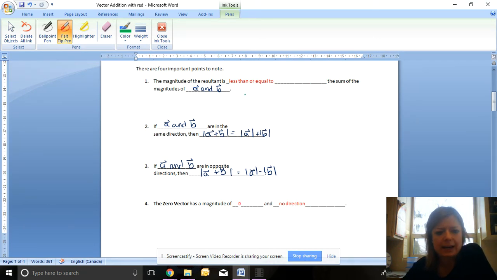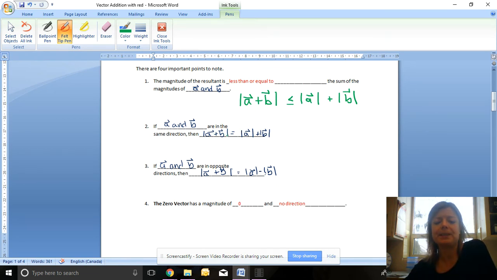It means that if you have A plus B, so that is the magnitude of the resultant, it has to be less than or equal to if you just took the magnitude of A and you added it to just the magnitude of B. So what has to be true for these statements to be equal? Well, if A and B are in the same direction, then the magnitude of the resultant will be the same as the sum of the 2 individuals.